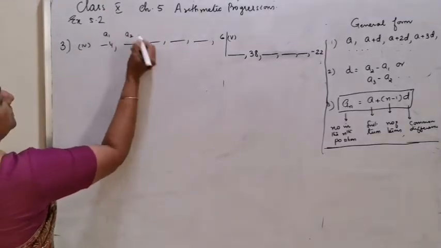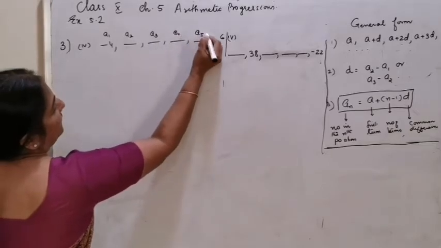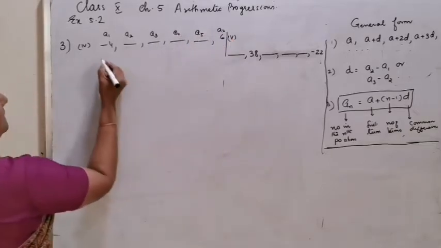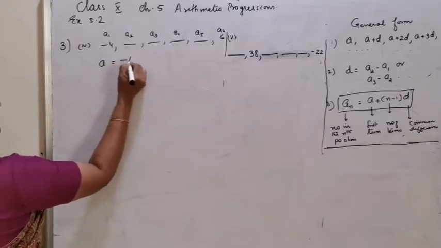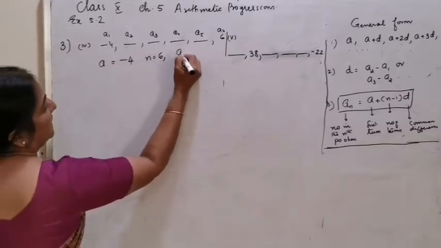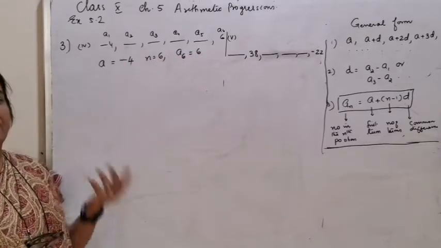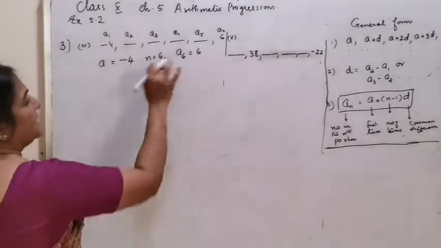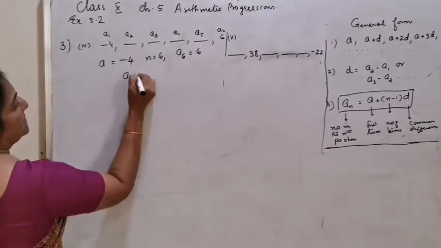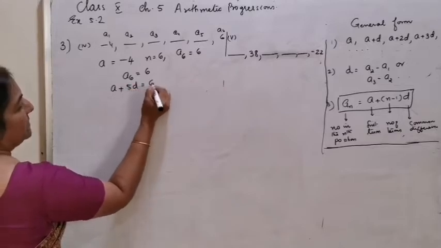Subdivision 4. A1, A2, A3, A4, A5, A6. That means the value of A is minus 4. There are 6 terms and A6 is given as 6. Once you know the concept, now you can go ahead with any question. A6 is equal to 6, which shows that formula A plus 5D is equal to 6.